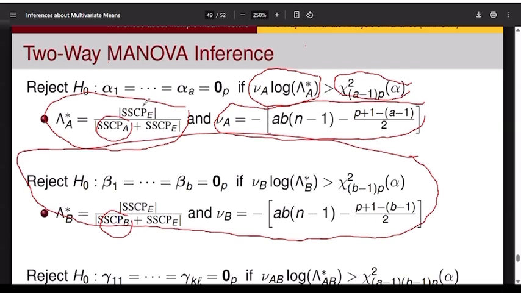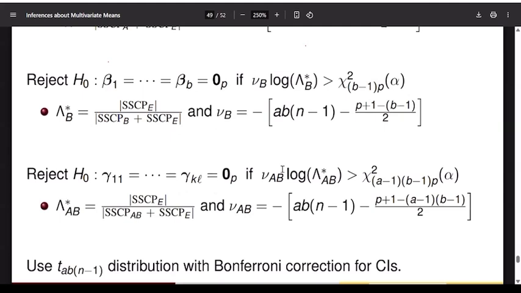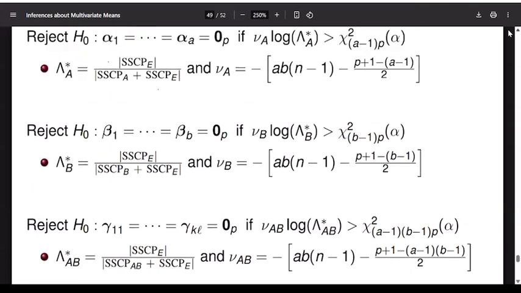Look at that. Now, what about the interaction? Take a look at that for the interaction. Now, this is for the interaction. Can you see that? Give me one second, I'm going to do something now.